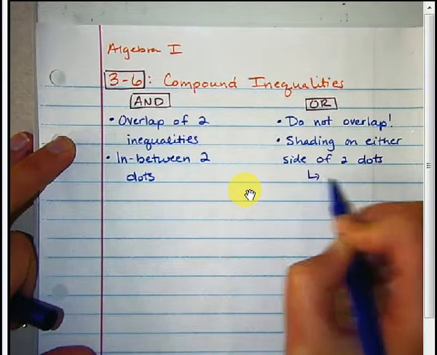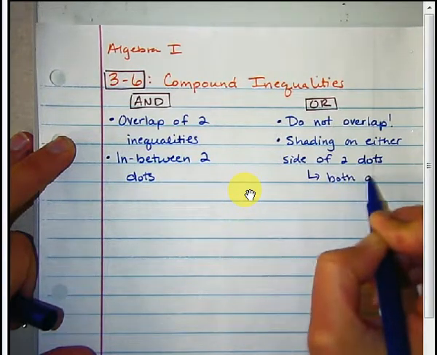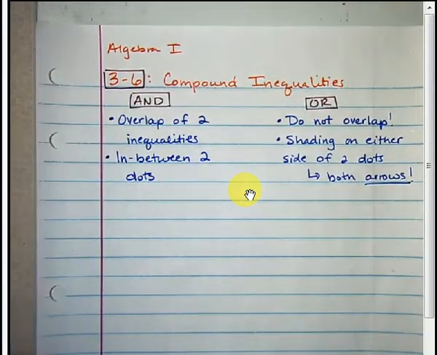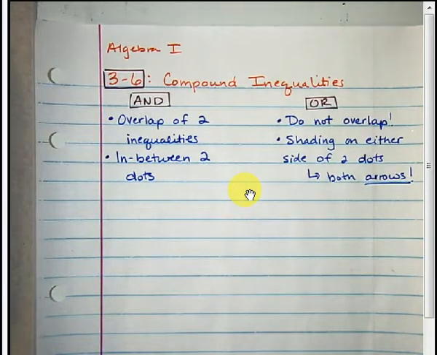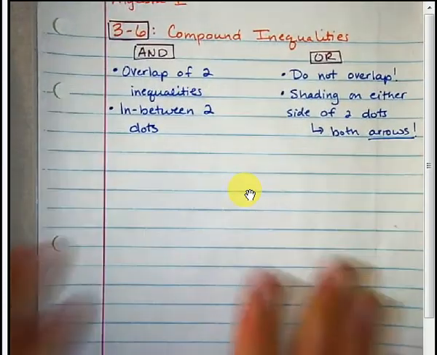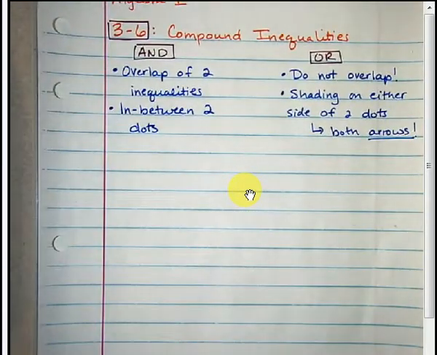You're basically going to shade in both arrows on that number line. All right, so that's what the graphs kind of look like. That's what you should see when you look at a number line for "and" or "or". And now let's go ahead and look at an example of each. All right, so let's do an "and" one first.